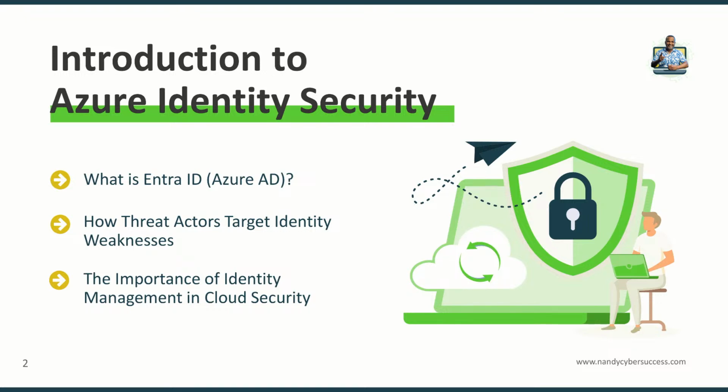So think about Entra ID, and let's start with what Entra ID is. From the old school standpoint, it comes from the internal on-prem Active Directory. It is basically a database for identity.